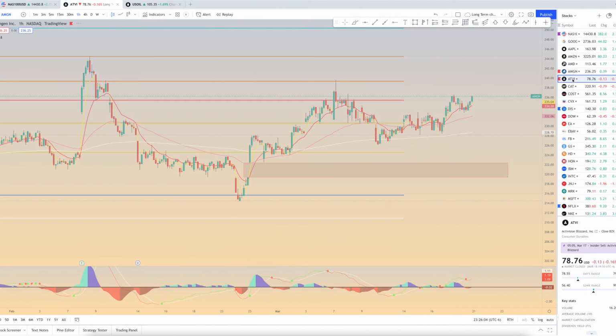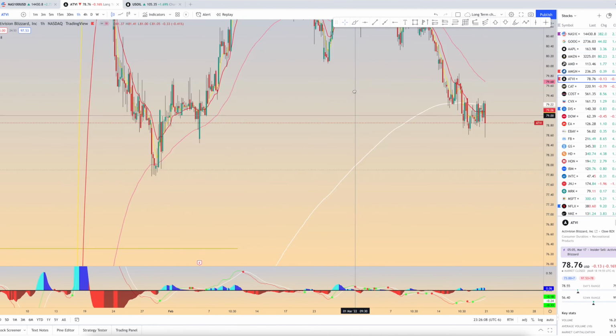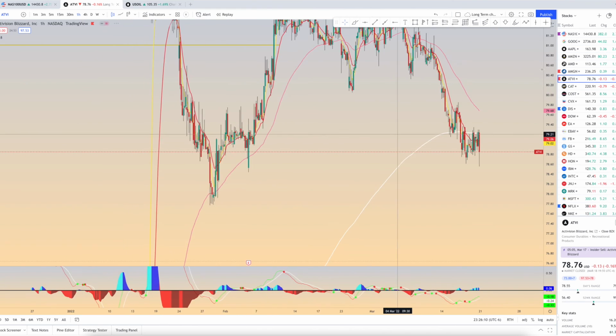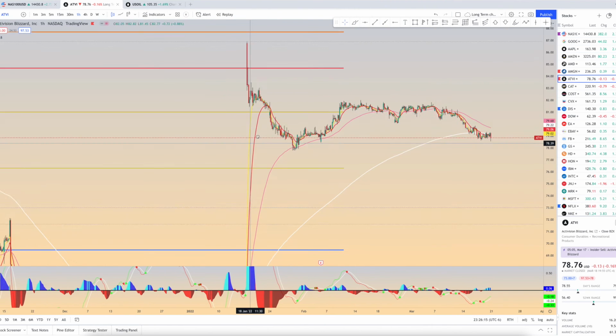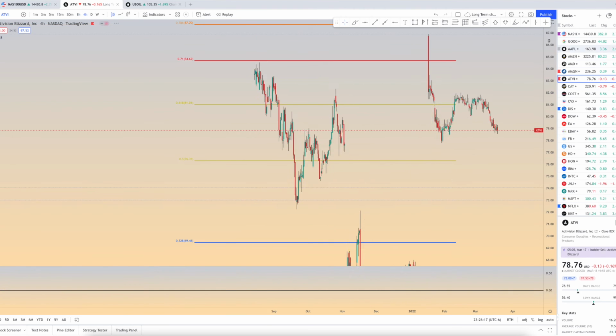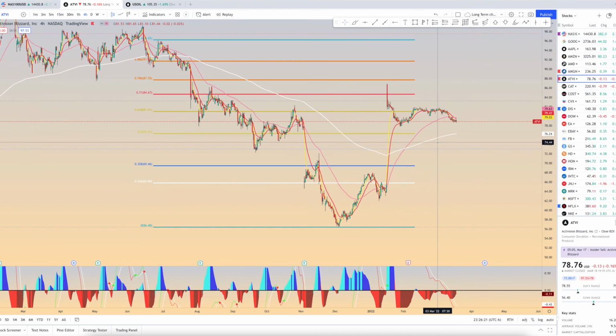This one is the only one I'm having a few concerns about because Activision had very strange moves over the last few weeks. I'll switch this to the 4-hour just so it's not so tight. Activision jumped from $65 a share and opened the next trading day at $86 a share, slowly trickling down from there.